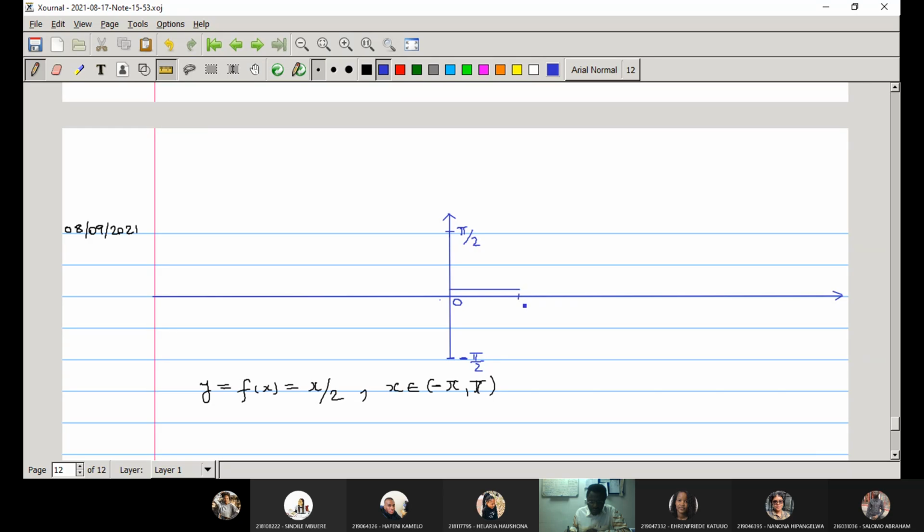So I put this one here, that's pi by 2. If that is pi by 2, I can do the same, put it there like this. Use that same length like that.